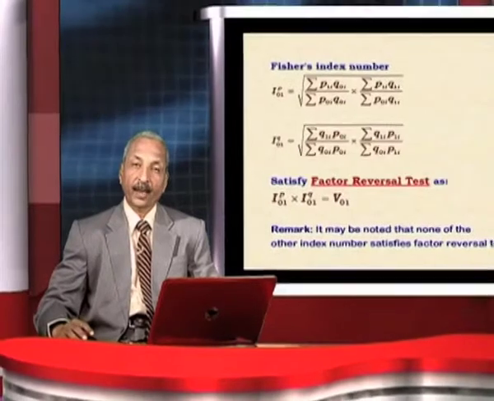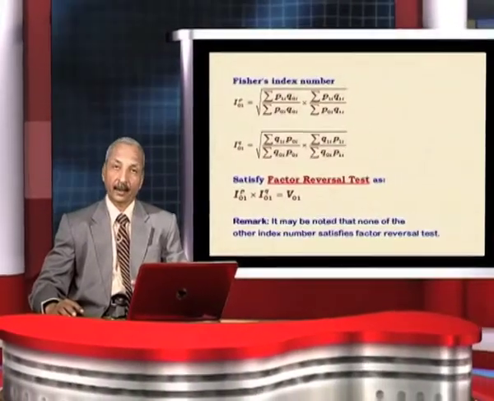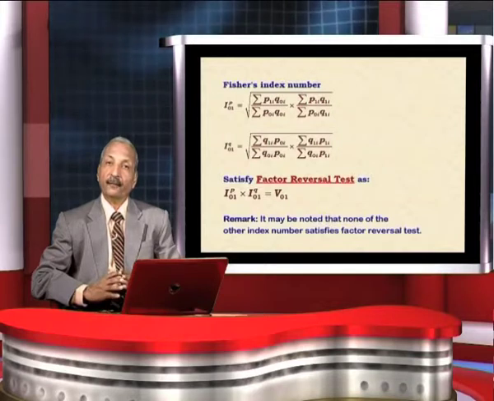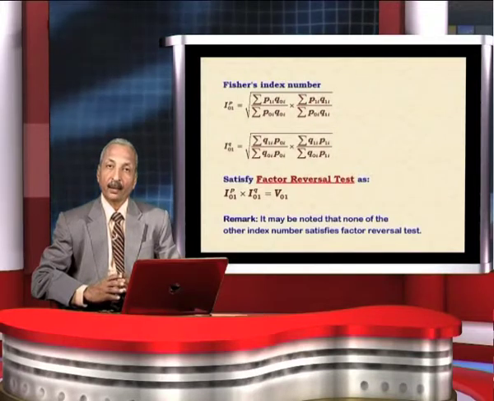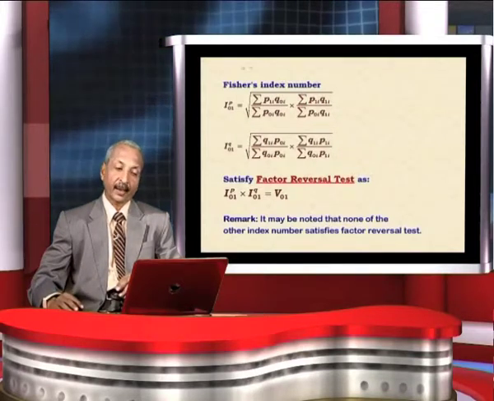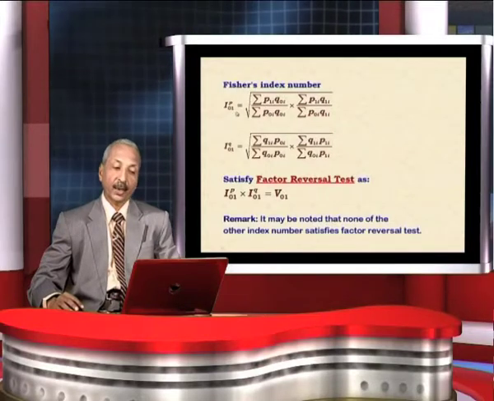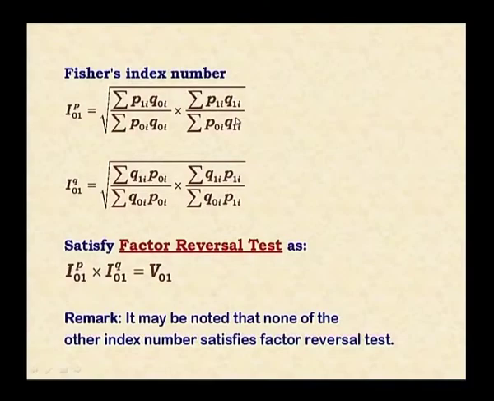Now, here we observe that the Fisher's ideal index number satisfies the factor reversal test. We know that the Fisher's price index number is given by this formula, whereas the Fisher's quantity index number is given by this formula, that is I01Q is the geometric mean of Laspeyres and Paasche quantity index numbers, and this is given by this formula.